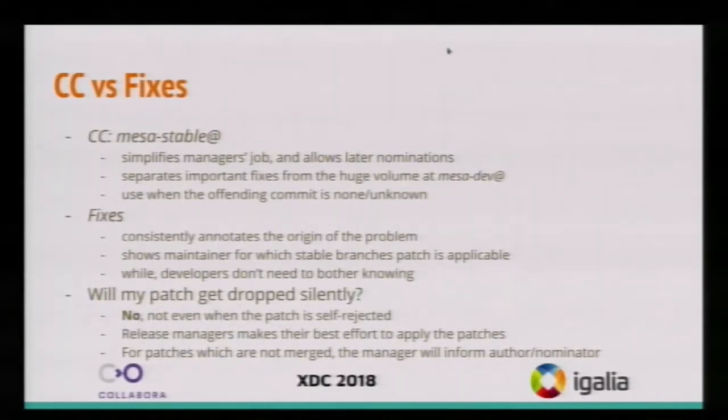And as I pointed out, based on that information, it's very easy for the maintainer to pick and apply the patch only where it's needed. By default, we just throw the fixes tag. You don't need to worry if your patch applies to any stable release or not.